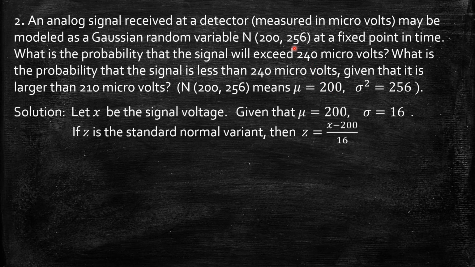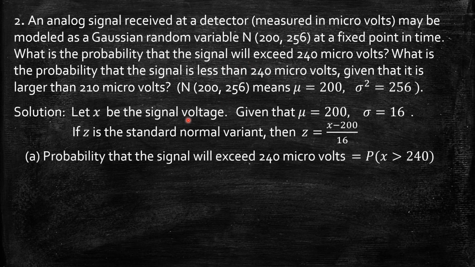Now let x be the signal voltage, given that mu is 200 and sigma is 16, because sigma square, the variance, is 256, which means the standard deviation is 16. If z is the standard normal variate, then z is x minus mu by sigma, that is x minus 200 by 16.